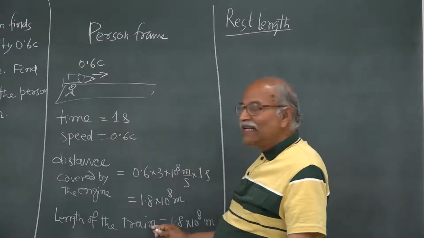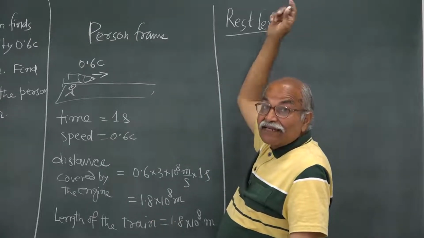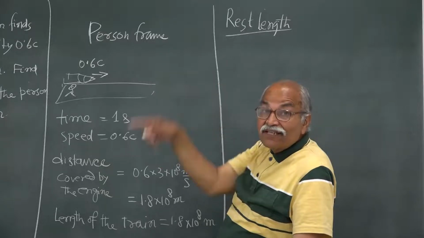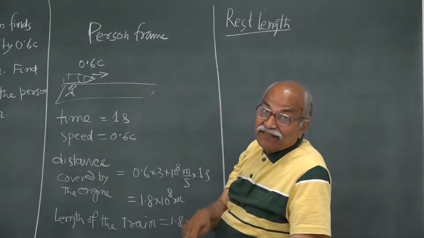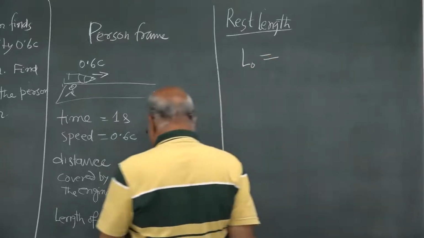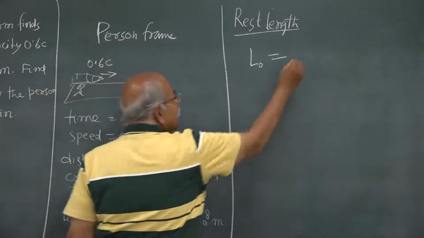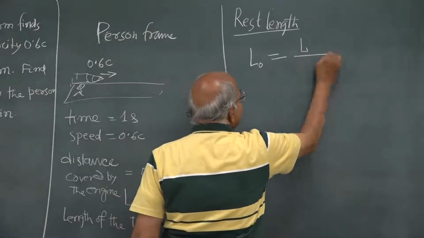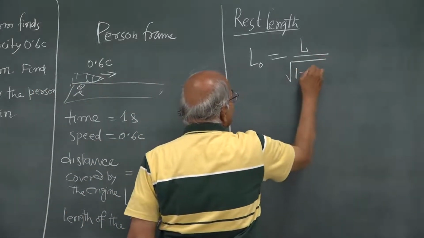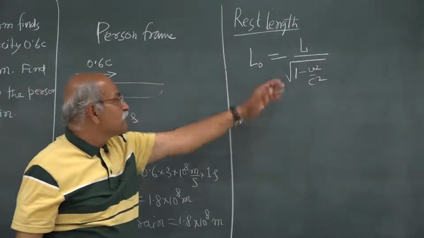Rest length is always larger than the moving length, and therefore, if I call this length L, the rest length will be L divided by square root of 1 minus v square by c square. It has to be larger, so you have to divide by this.